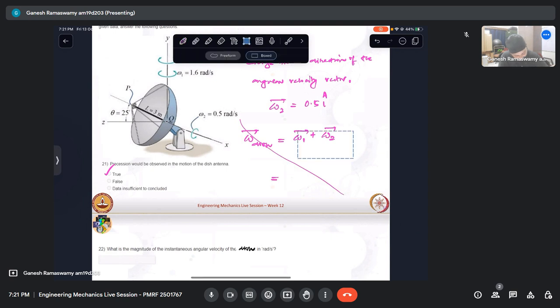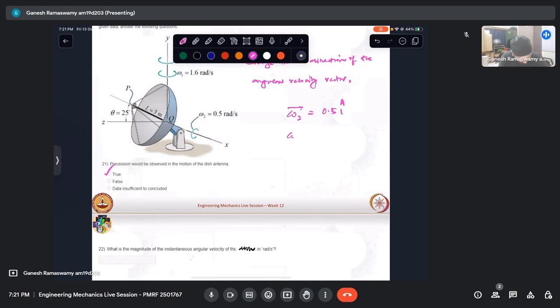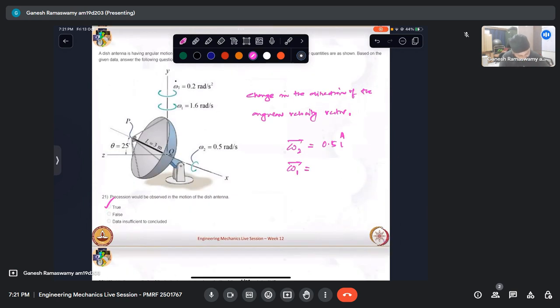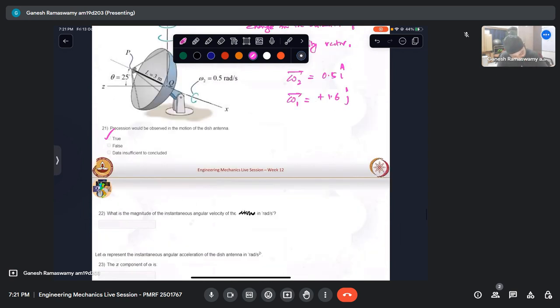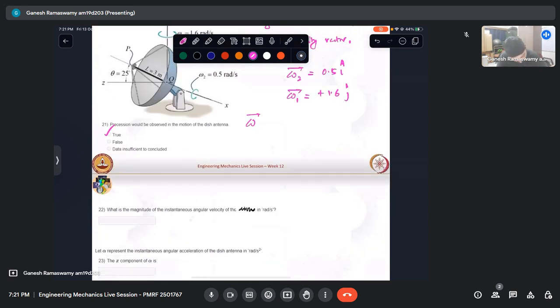This plus 0.5 I, and omega 1 is nothing but plus 1.6 J. Omega of the dish antenna is nothing but 1.6 J cap, sorry, 0.5 I plus 1.6 J. So this is what it is.